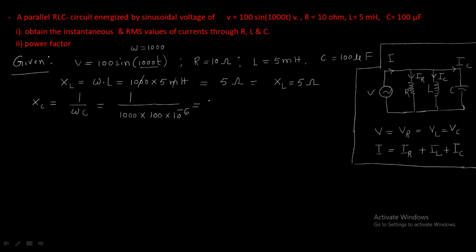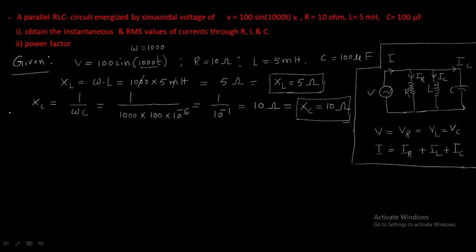Finally we have 1 by 10 power minus 3 plus... 10 power minus 1, so XC is 10 ohms. Here XL is 5 ohms and XC is 10 ohms, right?